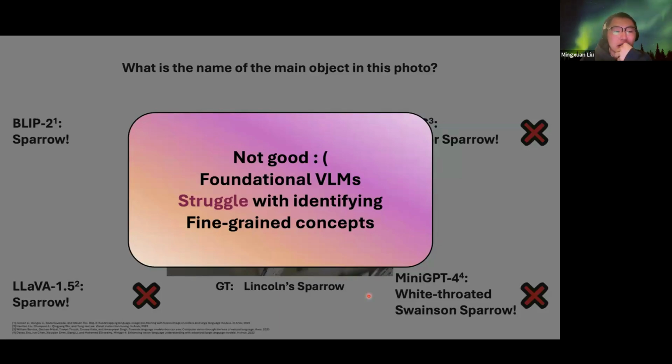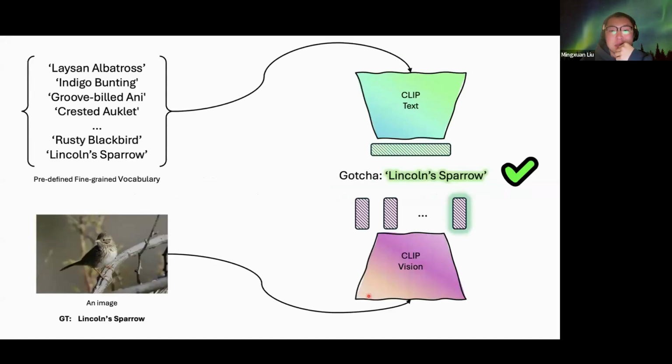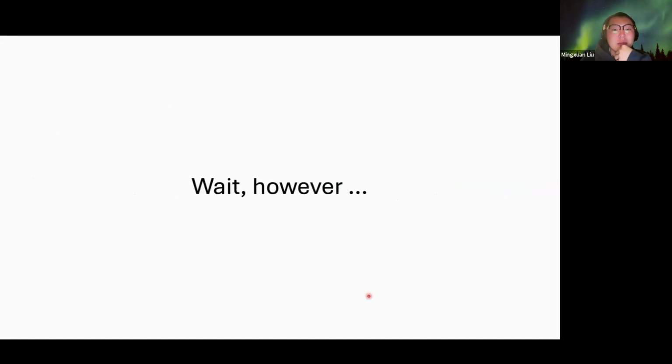to help them distinguish one fine-grained category from the others. And this is pretty much an inherent challenge of fine-grained visual recognition, which is called intra-class similarity. But if we know a vocabulary, the possible names, we can simply use CLIP to conduct such fine-grained visual recognition and yield pretty good results, as we can see in many papers.